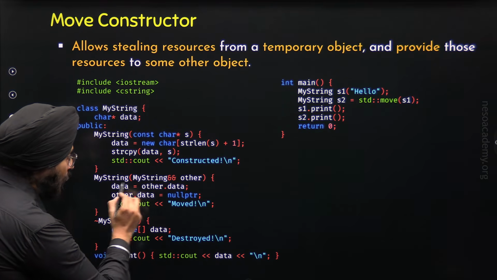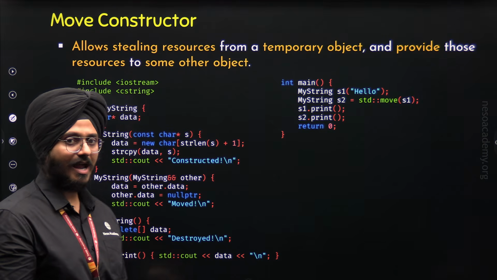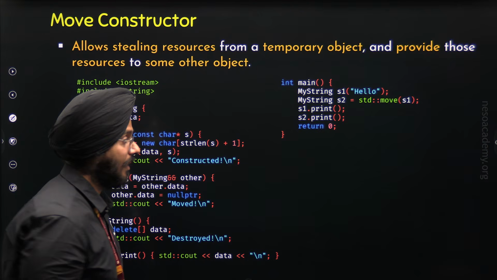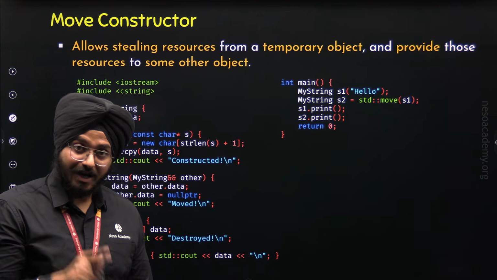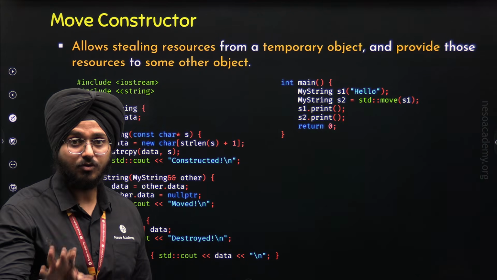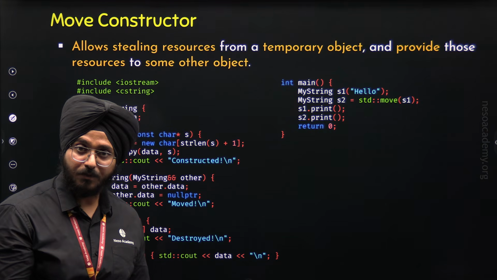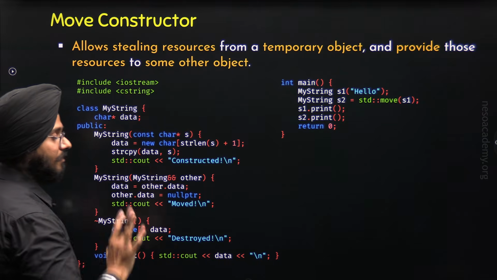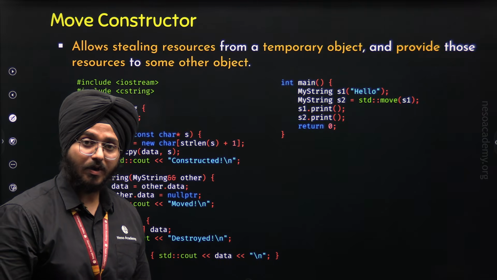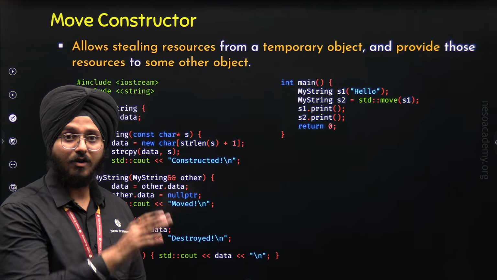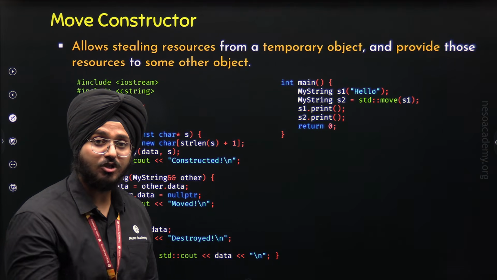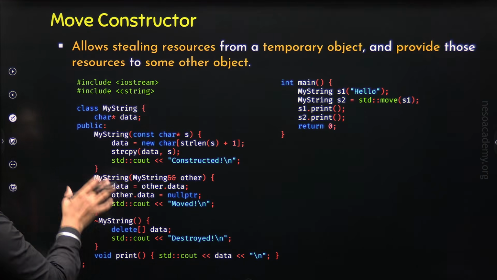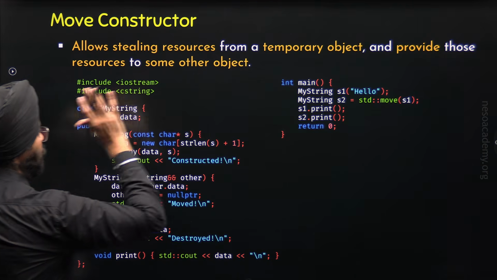We know at this point, S1.data and S2.data are pointing to the same array with the string hello. But I want S2.data to be the only one pointing to the array. For this purpose, I am setting S1.data as a null pointer. So in this way, S1.data will not point to the array which it was previously pointing to. In this way, I have transferred the ownership of S1 to S2.